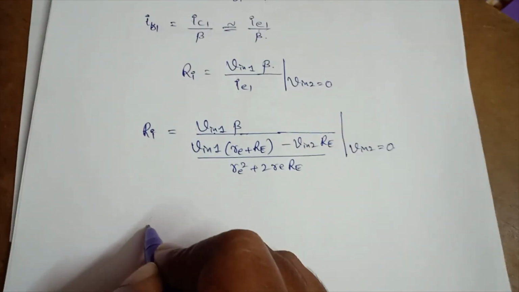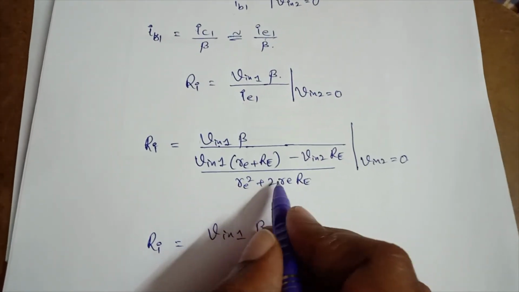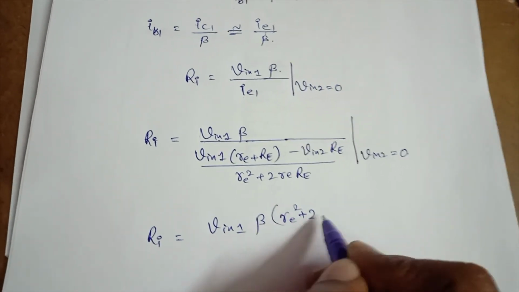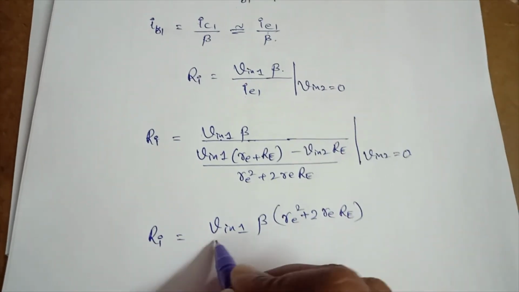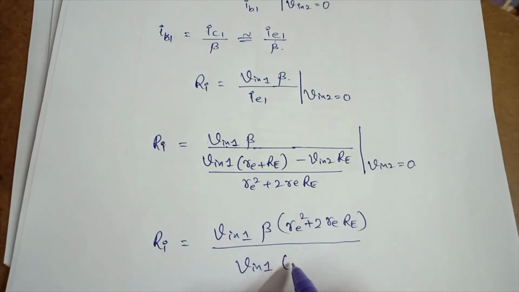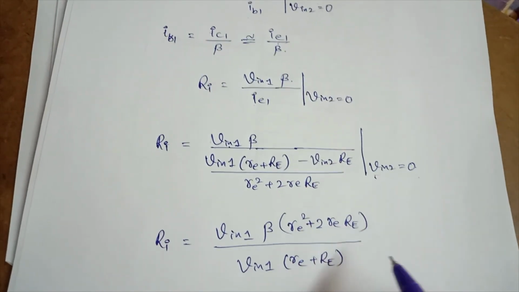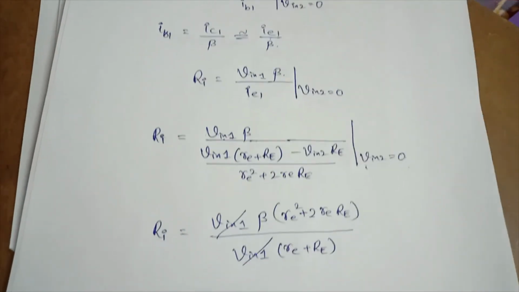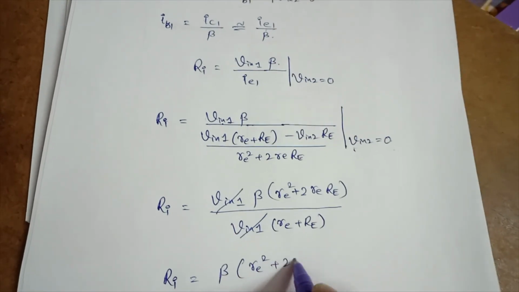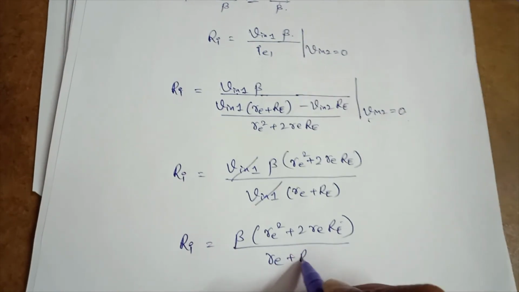Then simplify this equation. RI is equal to V in 1 beta. Take this into the numerator. Then RE square plus 2RE into RE divided by V in 1 into RE plus capital RE. Here this term becomes 0 because V in 2 is equal to 0. So V in gets cancelled. We are getting RI is equal to beta into RE square plus 2RE RE divided by RE plus RE.